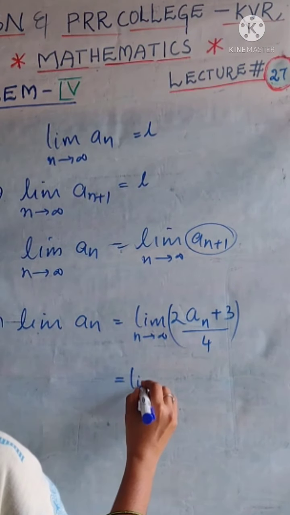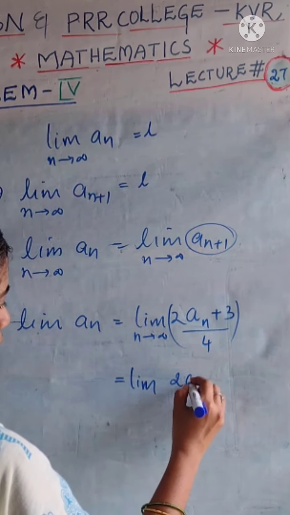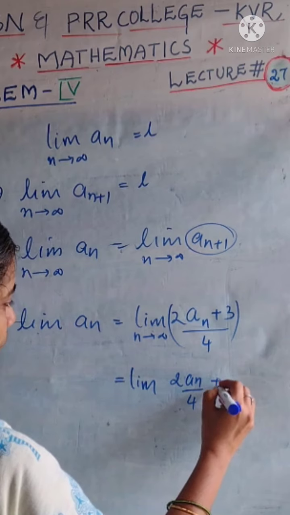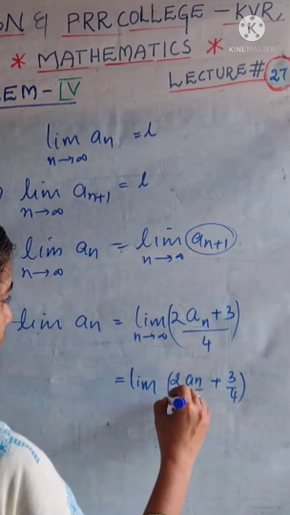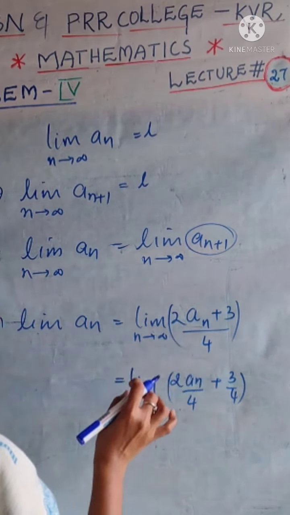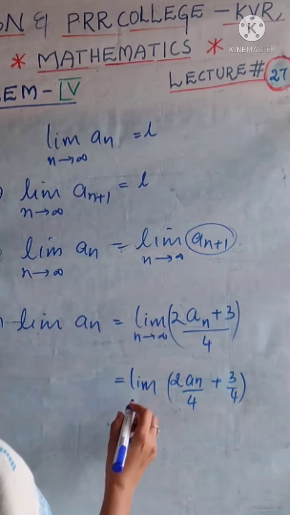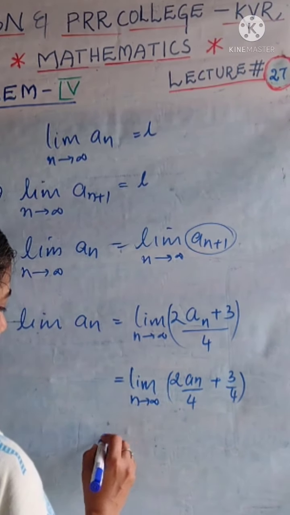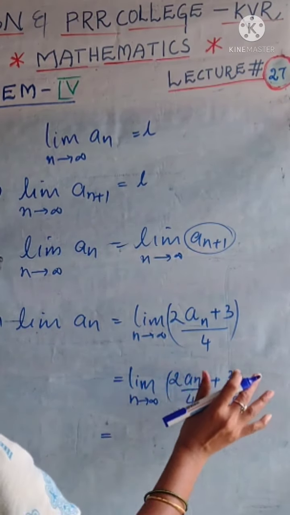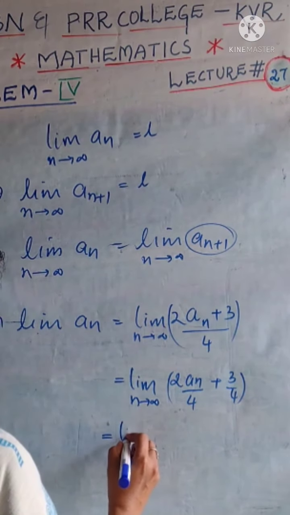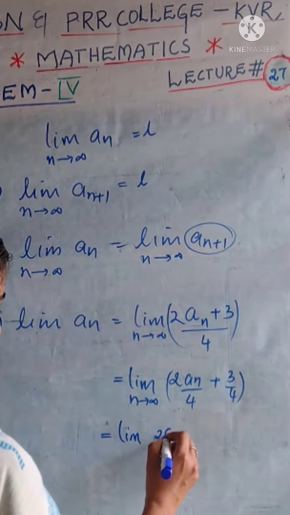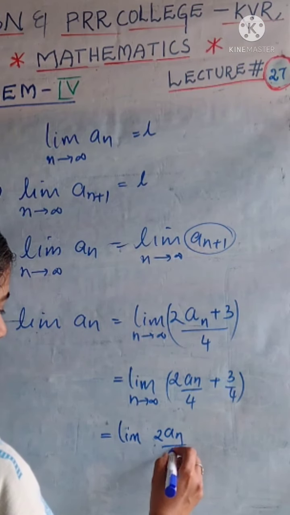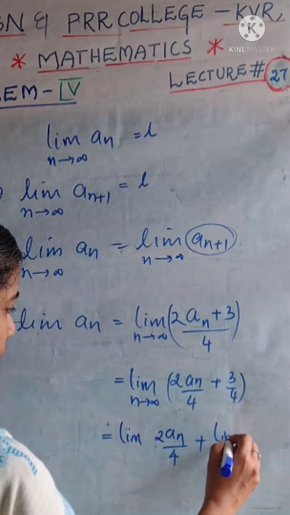Coming to the right hand side, let us simplify this: 2an by 4 plus 3 by 4. (a plus b) by c can be written as a by c plus b by c. Using that rule, we can split. Now, the limit is split into 2 terms because the limit of a plus b can be written as the limit of a plus the limit of b.